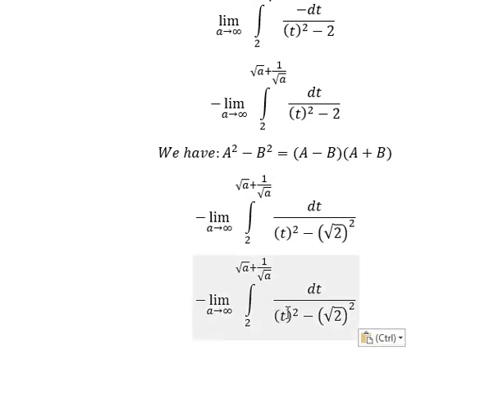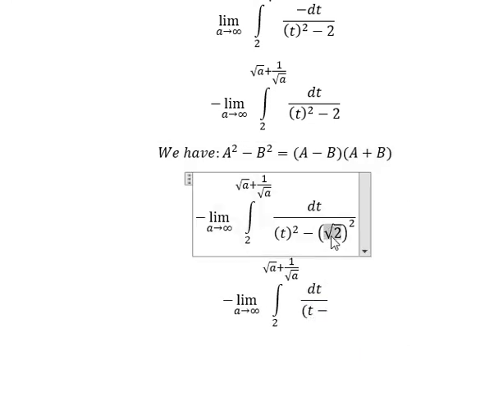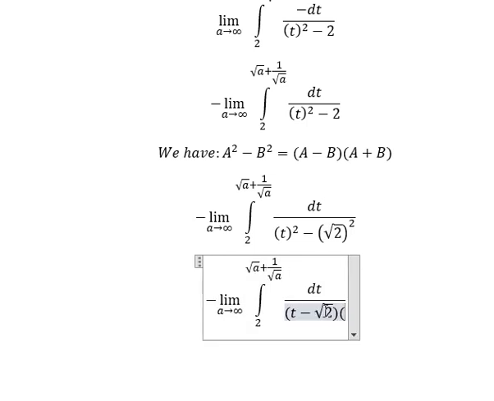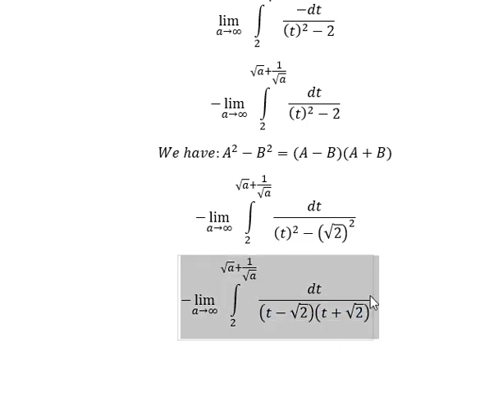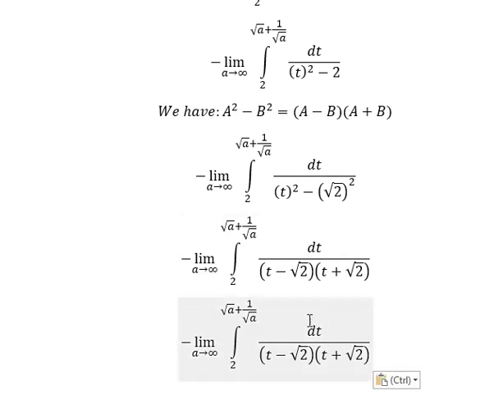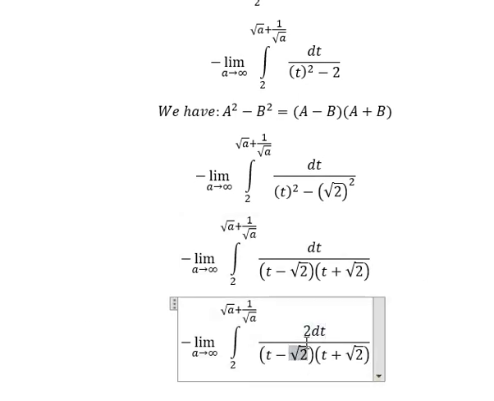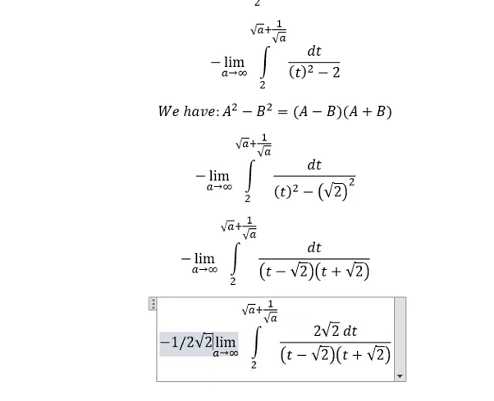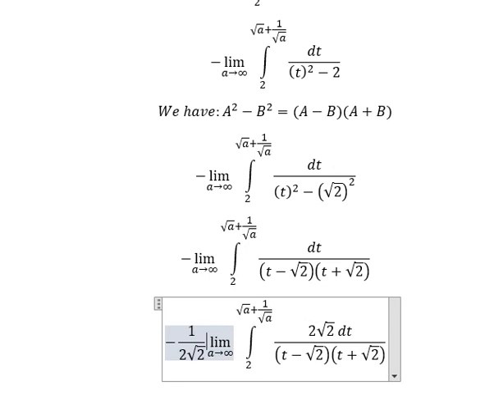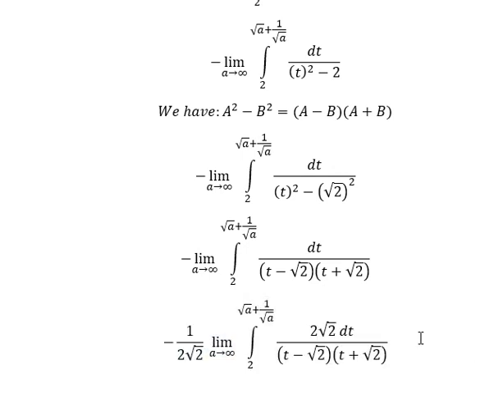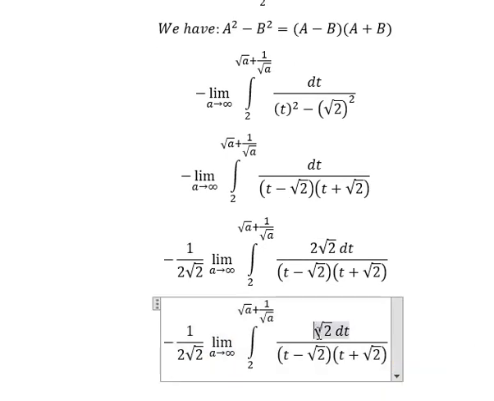Now we need to transform this one into this one. Now we multiply by number 2 with the square root of number 2 on numerator and denominator. So this one we can put the square root of number 2 plus the square root of number 2.